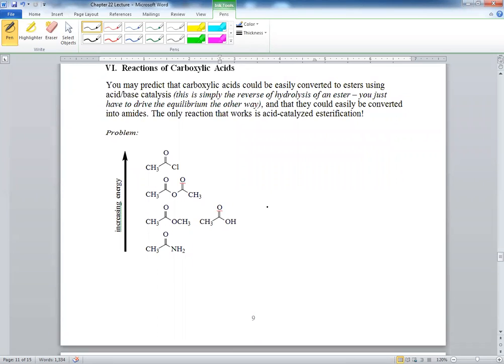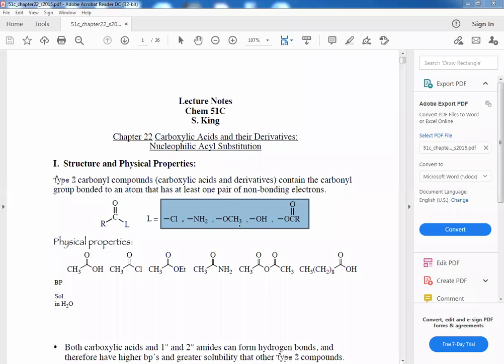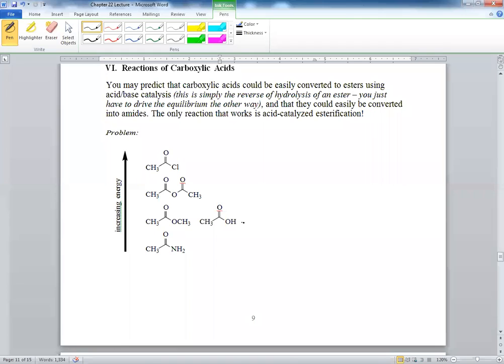We talked about only the acid-catalyzed hydrolysis, and we may actually prematurely expect the carboxylic acid to easily go from here to there. Very easy, right? That's the prediction.